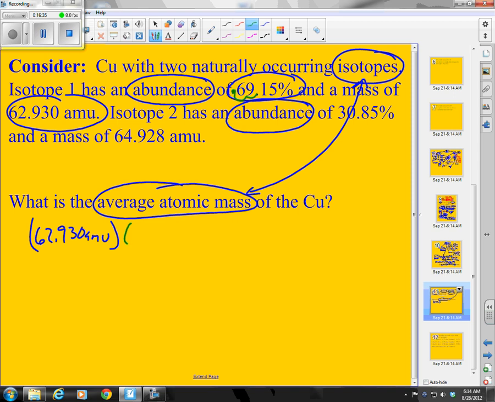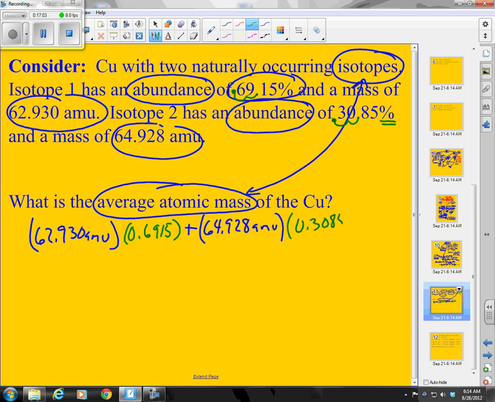So that's going to be 0.6915, plus mass 2, 64.928 AMU, times my abundance 2, and I want to convert that from a percentage to a decimal, so I move my decimal 2 places to the left, so I get 0.3085.